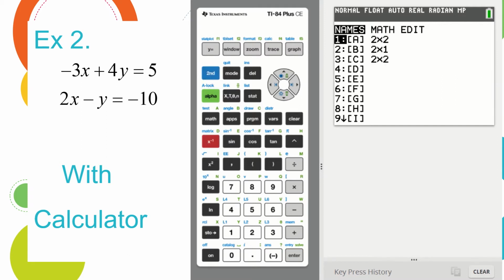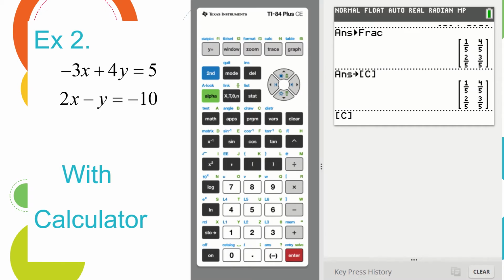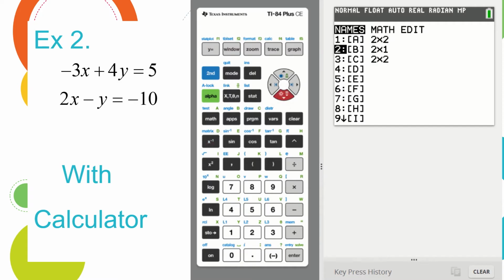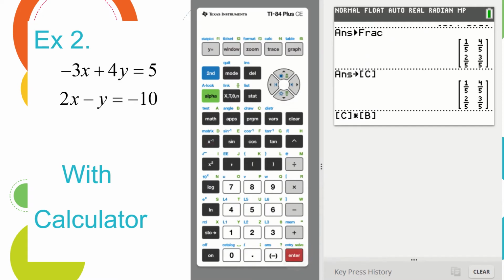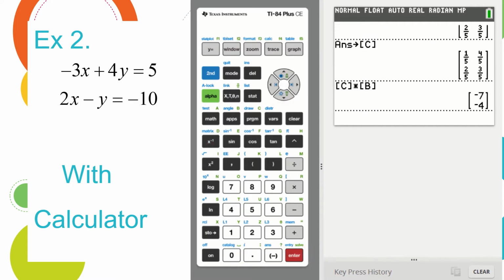Let's go into matrix. The inverse is C. We're going to times it by matrix B, which is my constant, and I get my answer. Now, when you write your answer, because this is the solution to a system, please make sure to write it as a coordinate value.